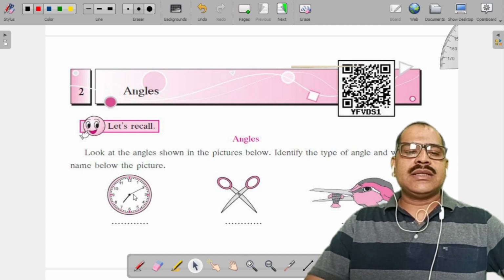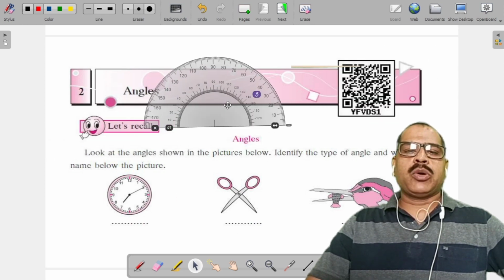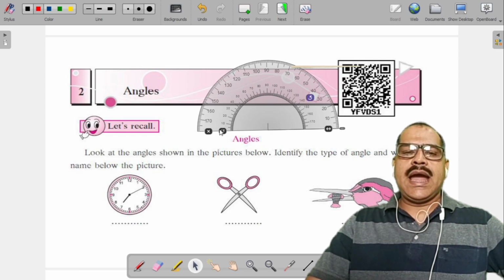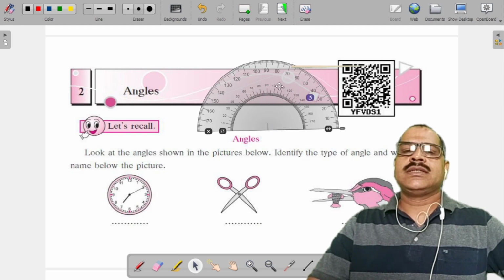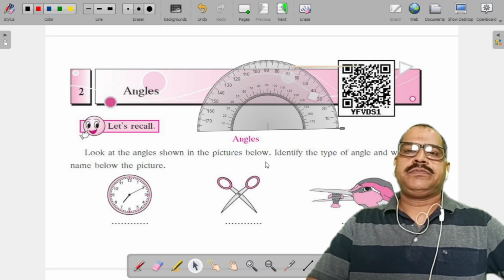We measure the angle between these 2 hands with the help of our protractor. So I take the protractor here. First of all, let me introduce the protractor. This point is called the reference point, and this line is called the reference line. These are the 2 most important parts.